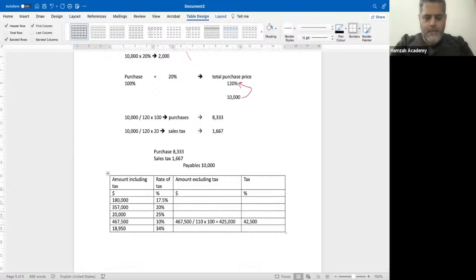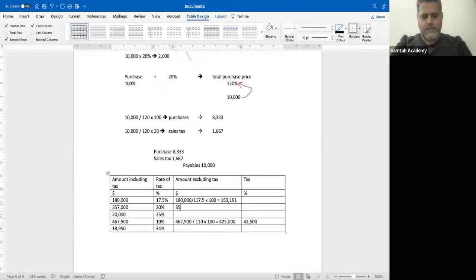Let's see now. That's going to be 180,000 by 117.5 into 100, right? So we get 153,191.